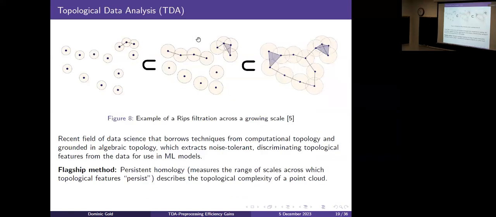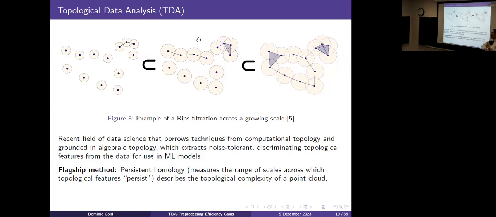So the way that we do that is, and I'm going to keep it at a very basic level, we're going to think about point clouds because point clouds have a really nice connection to geometry. You can think about connecting dots and everything. So what we do is that we use tools from computational topology that are grounded in algebraic topology, where we effectively play connect the dots.